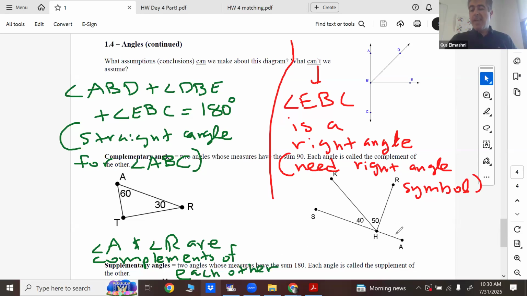Likewise with angle SHK and angle KHR. Okay.